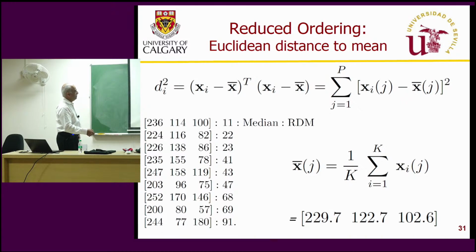Okay, so that is the mean value, the mean of all these RGB values. Take the distance, and these are the distances truncated to just integers, then rank order. Now, here you don't go to the middle, you take the first one, that is the closest to the mean. You take that.